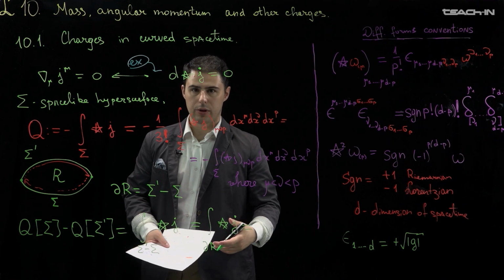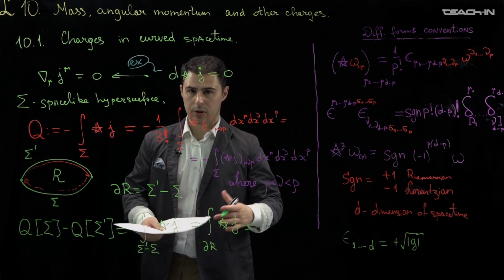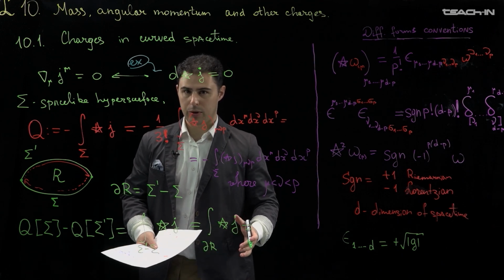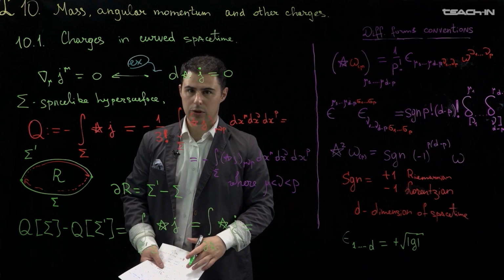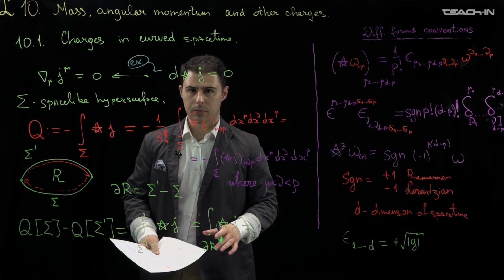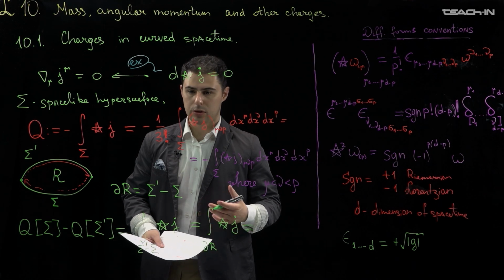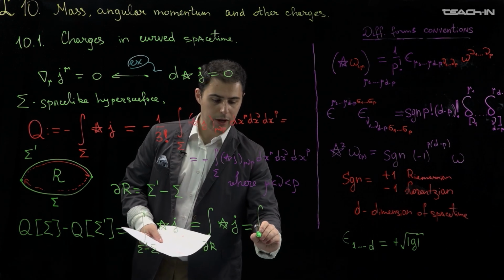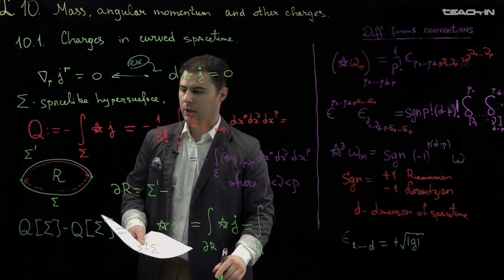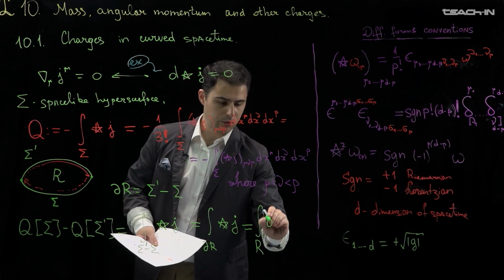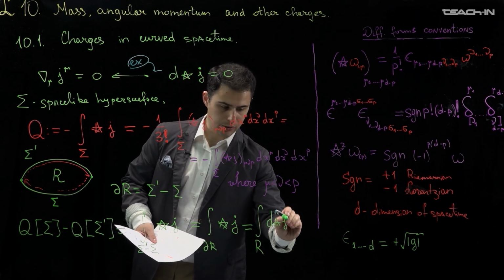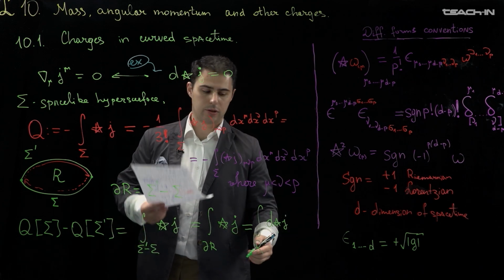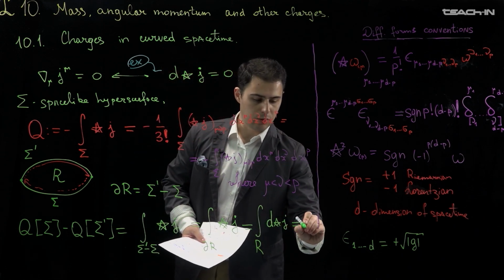We have that this is the same as the integral over the spacetime region R of d star J. But as we said, the current is conserved and d star J is 0. So this is 0.